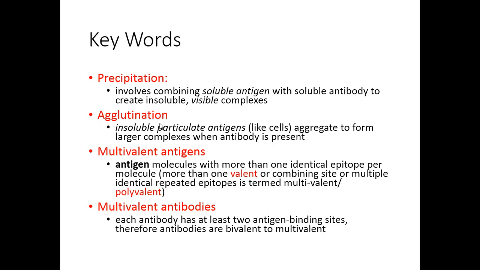And if multivalent antigens have multiple binding sites, then what do you think about multivalent antibodies? A multivalent antibody has at least 2 antigen binding sites. So if we think about IgG with our Y shape, we have an antigen binding site here and an antigen binding site here. So IgG has a valency of 2. There are 2 antigen binding sites on an IgG.